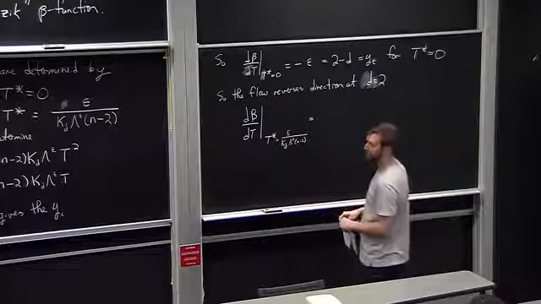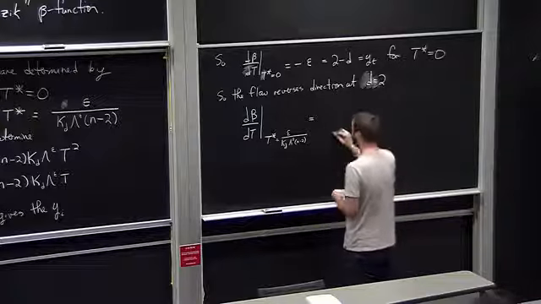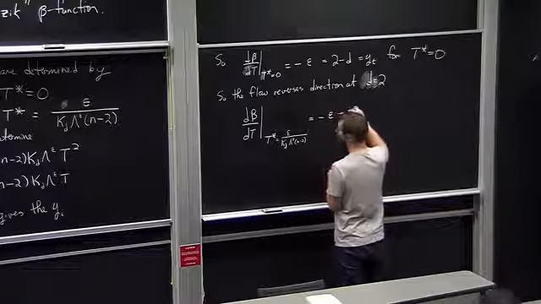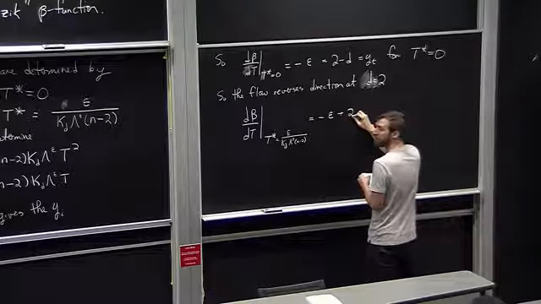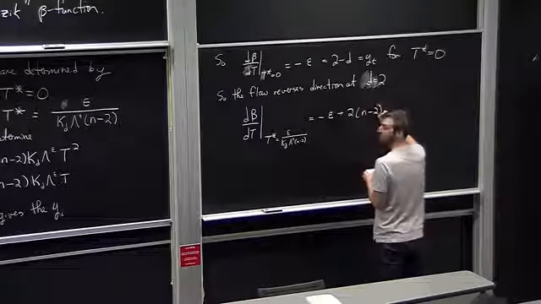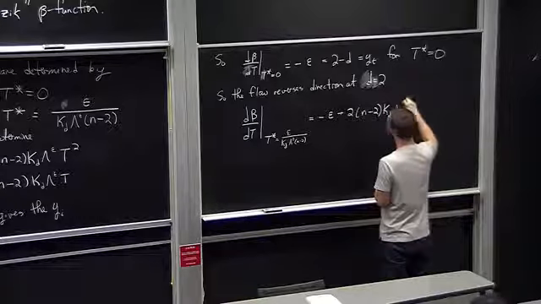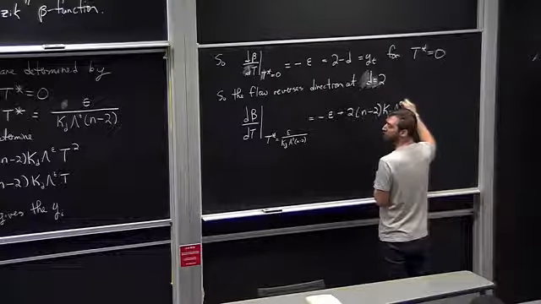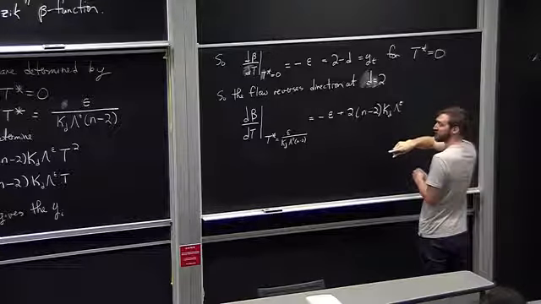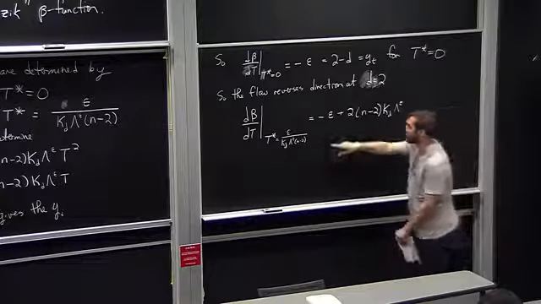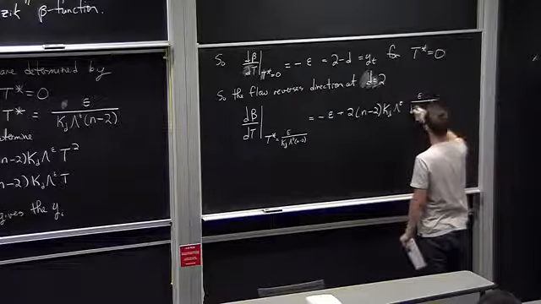Okay, where's the derivative? So take 2 from the t. Oh yeah, and I substitute in, so it's linear in t now. So now I substitute in this thing.